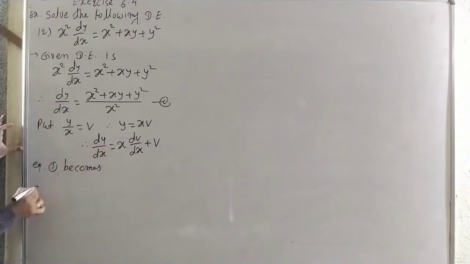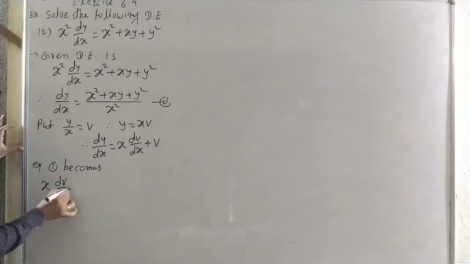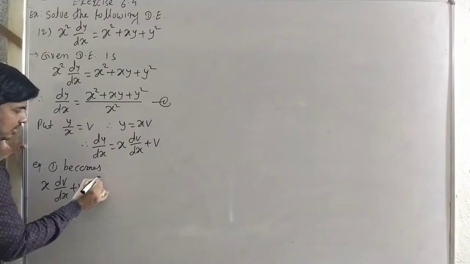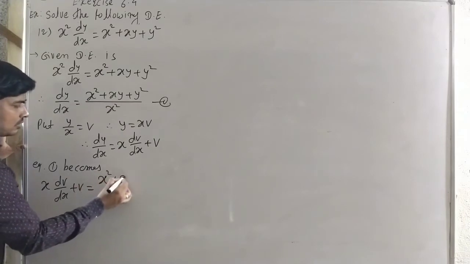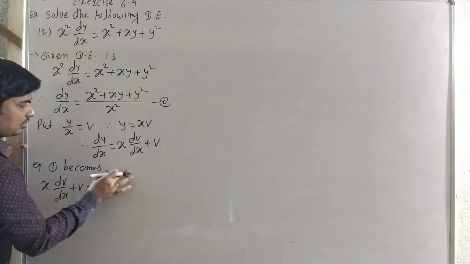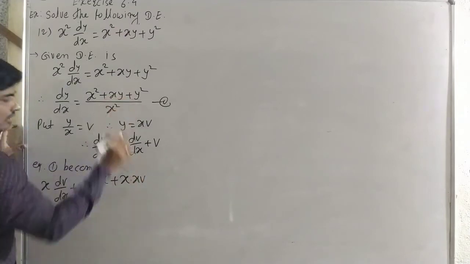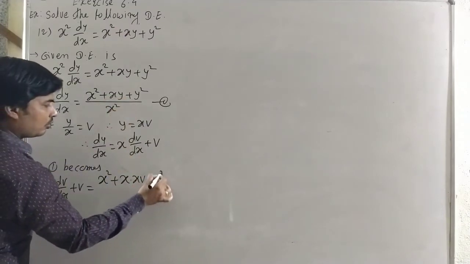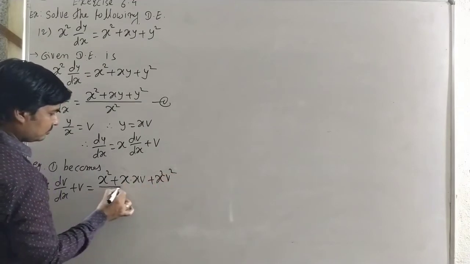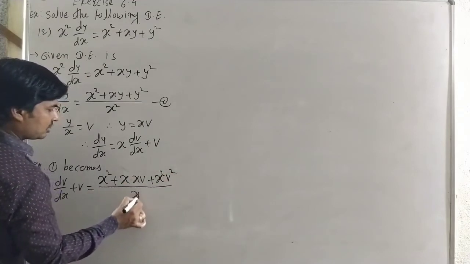dy by dx, it is this, x dv by dx plus v is equal to, see carefully this, it is x square plus x into xv, and y square, it is x square v square upon x square.